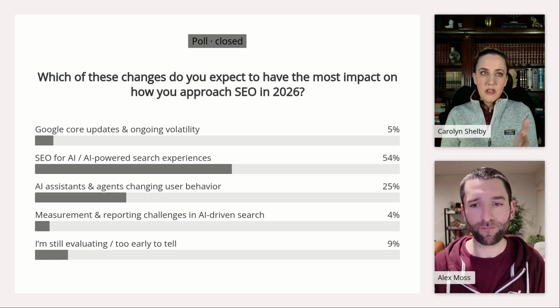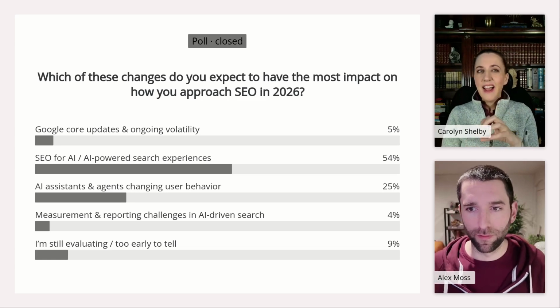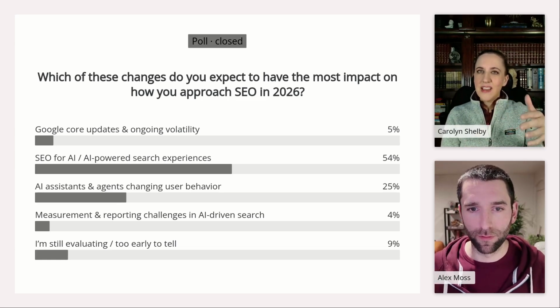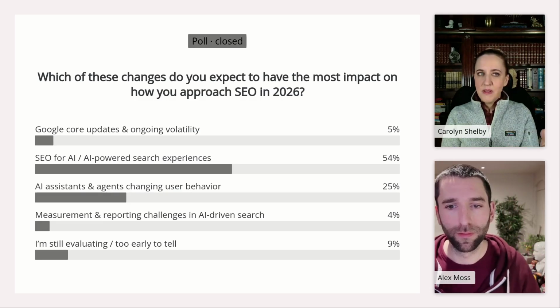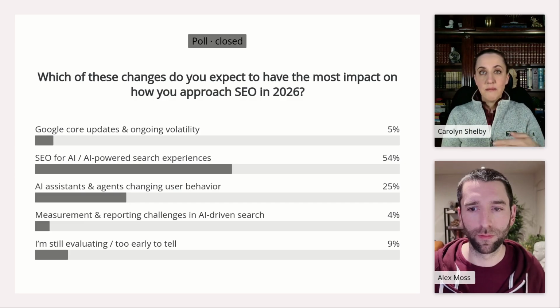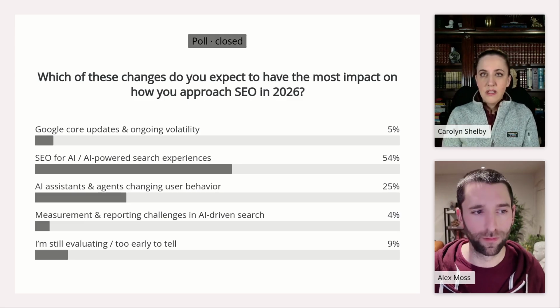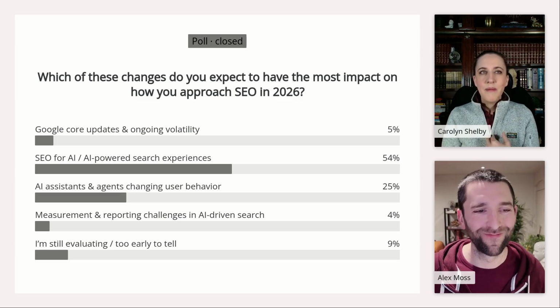I think if you're weighting it for what's going to have the most impact, this shakes out right, because I just don't think there's going to be enough people using those assistants and agents to have as much impact as SEO for AI is going to, because it's going to affect more people. Does that make sense? It's not that you're wrong, it's just that you're a very early adopter. Like my mom is not going to use an AI assistant. People in her cohort aren't.